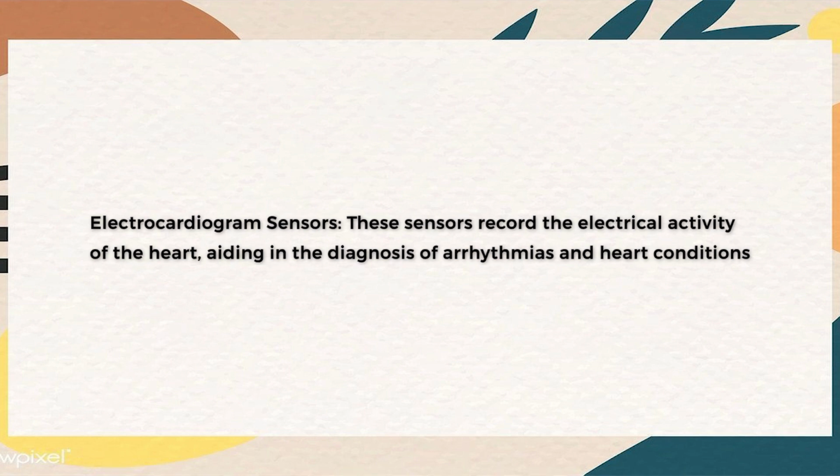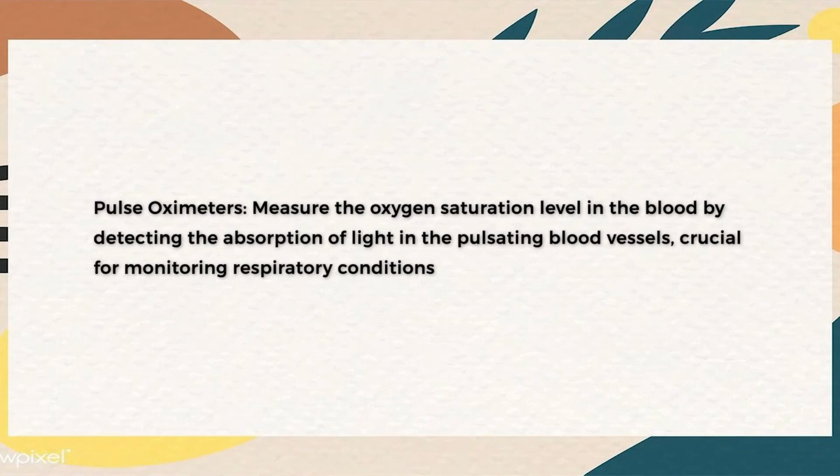These sensors record the electrical activity of the heart, aiding in the diagnosis of arrhythmias and heart conditions. Fifth is pulse oximeters, which measure the oxygen saturation levels in the blood by detecting the absorption of light in the pulsating blood vessels, crucial for monitoring respiratory conditions.